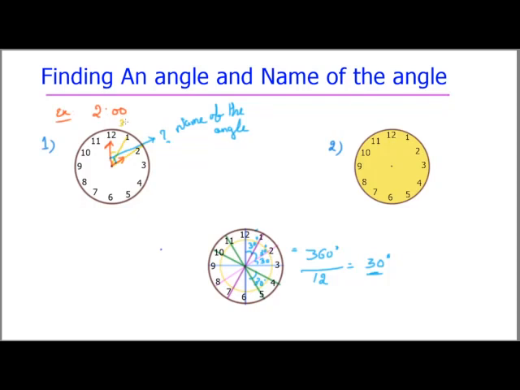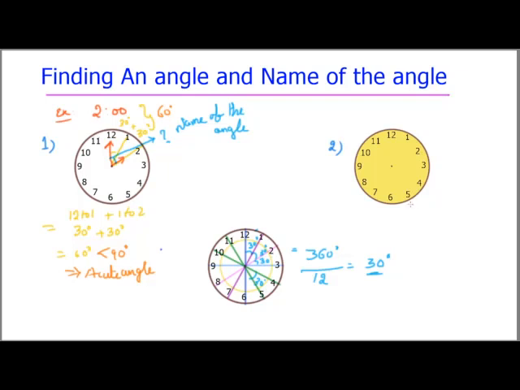Here 30 degrees plus 30 degrees, how much in total? 12 to 1 is 30 degrees plus 1 to 2 is 30 degrees, totally 60 degrees. 60 degrees is less than 90 degrees. So we can say this is an acute angle.